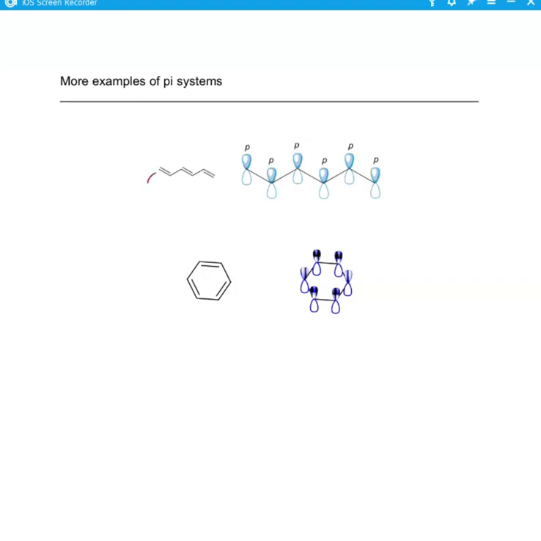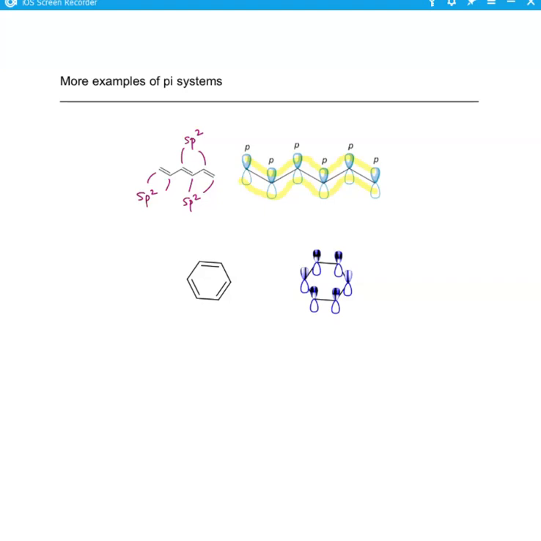In this first structure, these are all sp2 hybrid carbon atoms. As such, each one of them has 3 sp2 orbitals and a p orbital. The p orbitals are all perpendicular to the plane of this molecule, and as such, they're all parallel to each other, which permits the most efficient delocalization of electron density.